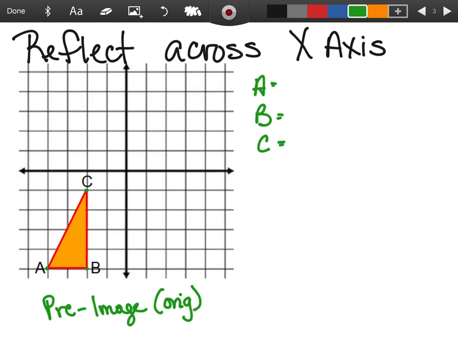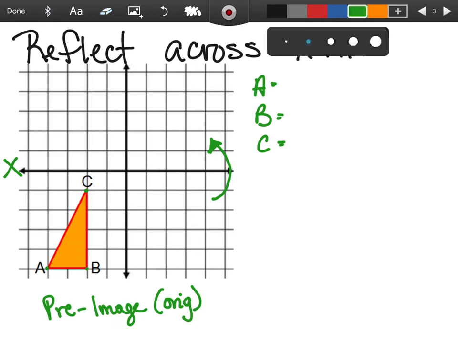I want to go across the x-axis. I know this is my x-axis, which means when I move my picture should go from the bottom up to the top. Now it's not going to wind up over here, because that would be a rotation. It would need to slide around. Instead, I should wind up here in this quadrant.